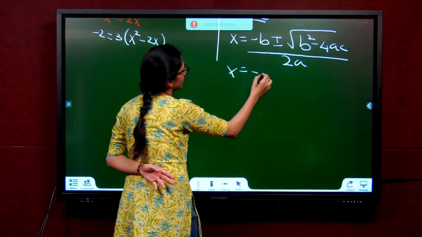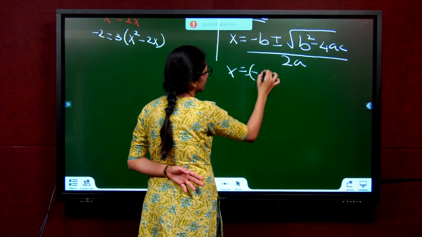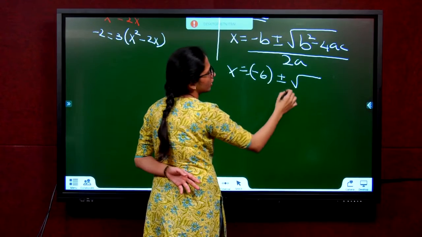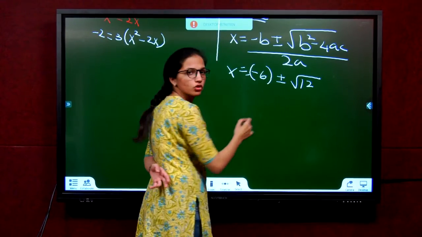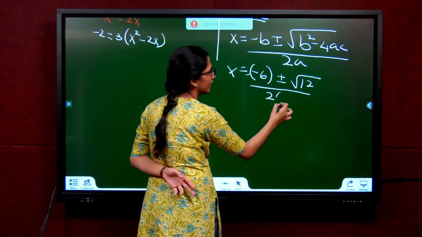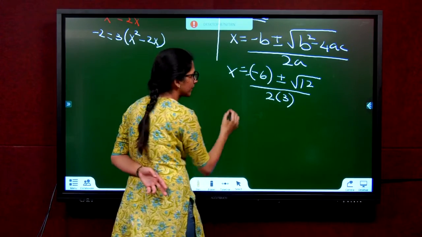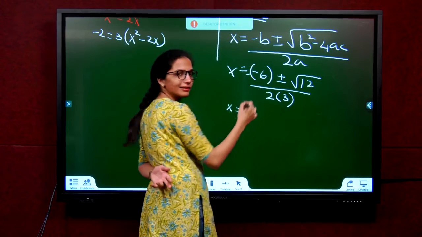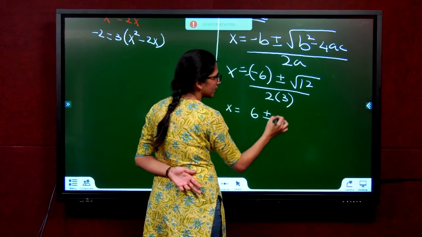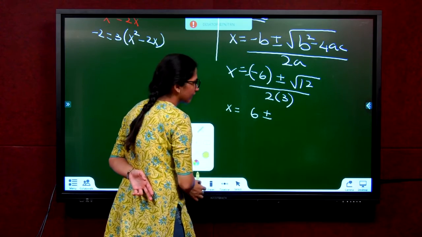Minus b, minus of minus 6 plus or minus root of, what did we get b square minus 4ac as? 12 divided by 2 into a. a was 3. x is equal to minus into minus plus. So plus 6 plus or minus. What is root 12?